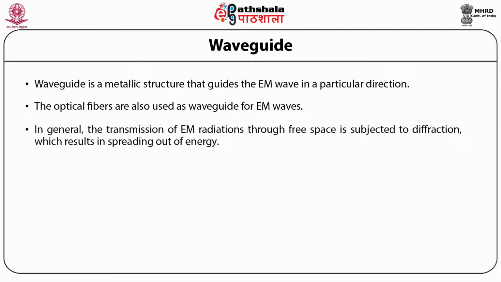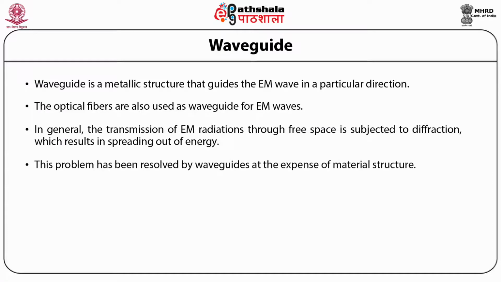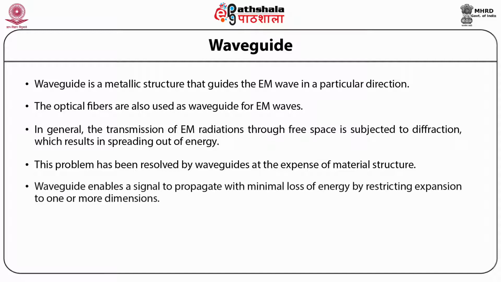In general, the transmission of electromagnetic radiation in free space is subjected to diffraction, which results in spreading of energy. This problem has been resolved by waveguides at the expense of material structure. The waveguide enables a signal to propagate with minimal loss of energy by restricting expansion to one or more dimensions.